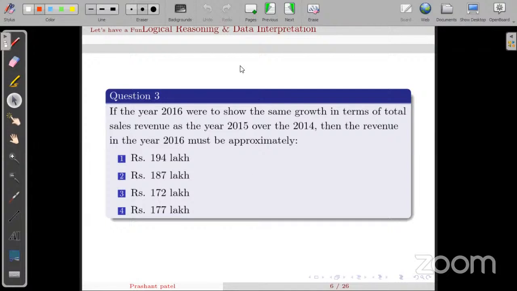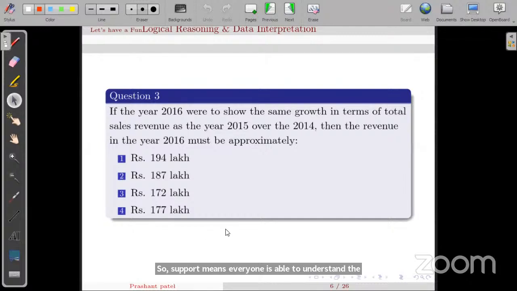So everyone is able to understand what the question is. Varun is trying to write three answers. Okay.